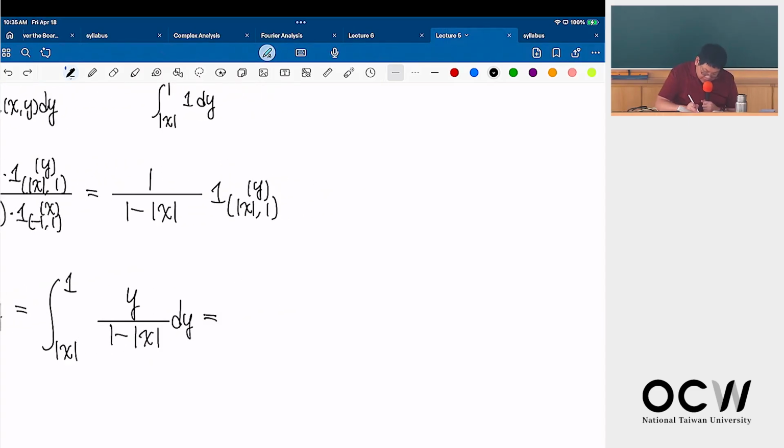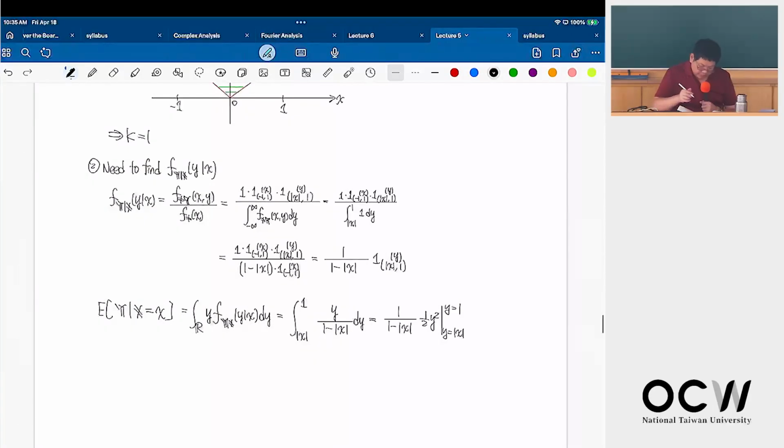This should be 1 divided by 1 minus absolute value of x, with y from x to 1. So that is your answer: 1 plus absolute value of x, divided by 2.